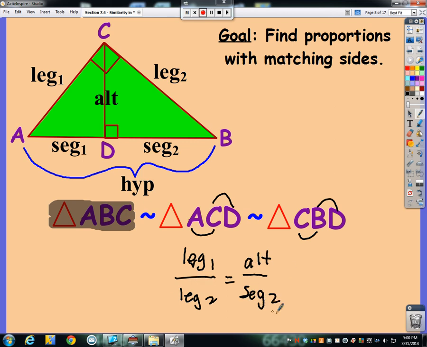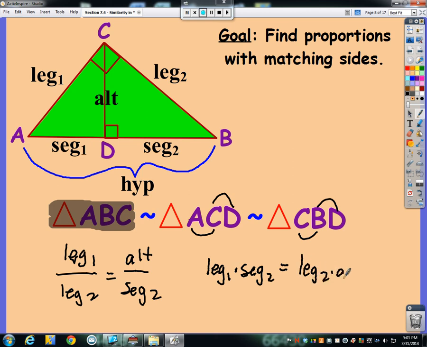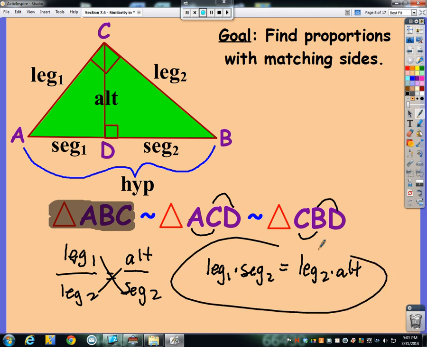Notice there was no direct match here. I mean, I can cross multiply this, and I can create another formula, but it's not considered one of the special ones. So I could say, leg 1 times the other segment is equal to leg 2 times its altitude. You can remember that one if you want, but really the 2 formulas that we have, our altitude and our leg formulas, will take care of it.